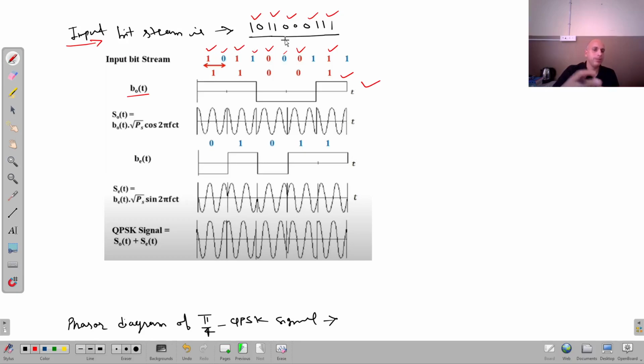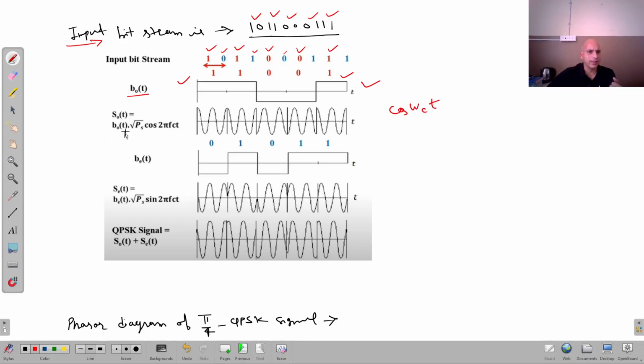Here the bit stream is different from the earlier, but it is quite easy to understand how the bit stream is converted into NRZ format, and then the even bit stream and odd bit stream are separated. So this is the odd bit stream NRZ format, and this is the corresponding modulated wave, for which we have used cos ω_c t.